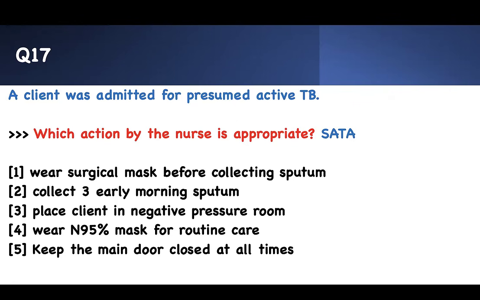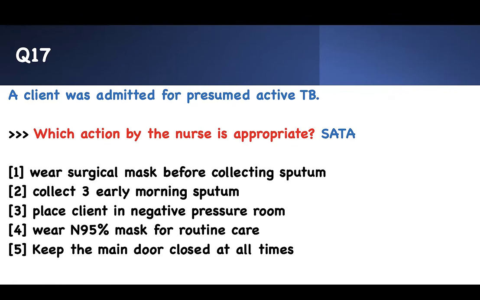I don't know whether it's right, but I know with TB you have to do some tests to confirm TB based on your knowledge. Whether it's 3 or 1 or 4, I don't know, but it sounds like a better answer. Common sense tells me I need to draw some sputum. Place the client in negative pressure.